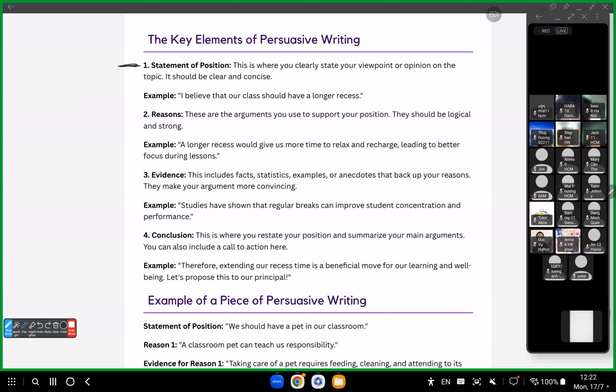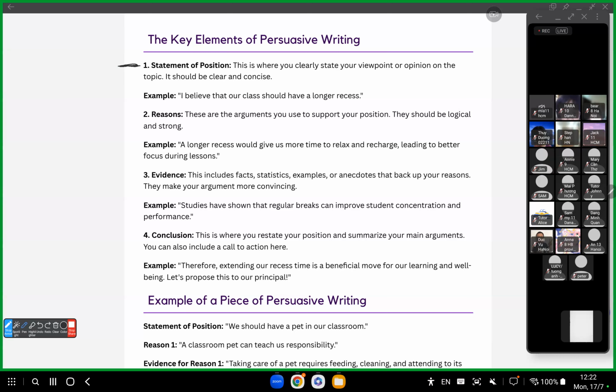And this is where we tell the audience what we are writing about. So this is really where we answer the question, what are we trying to persuade our audience of? So that's number one.